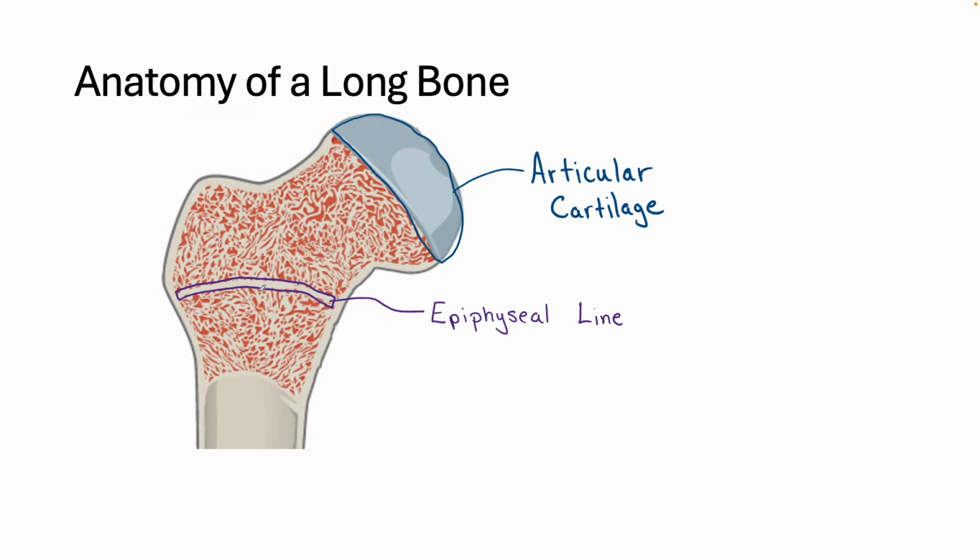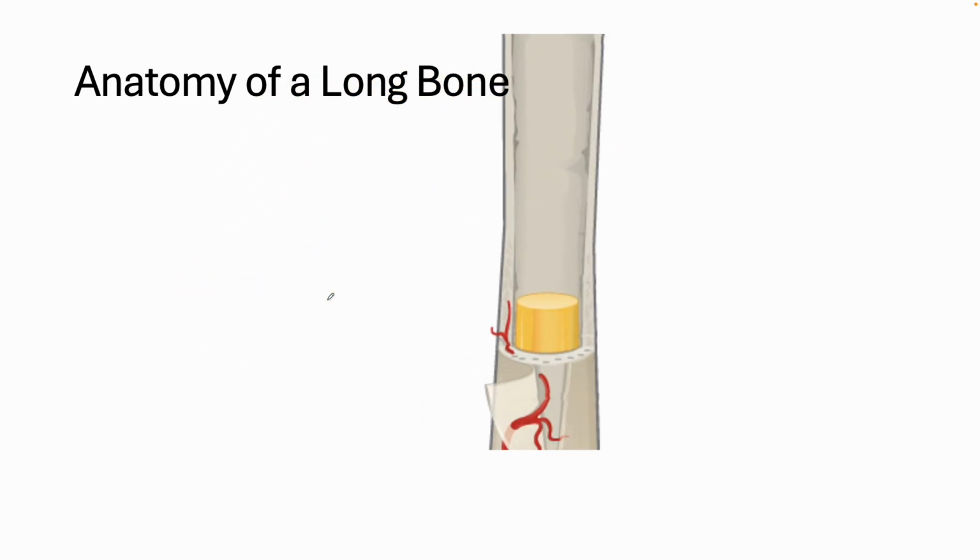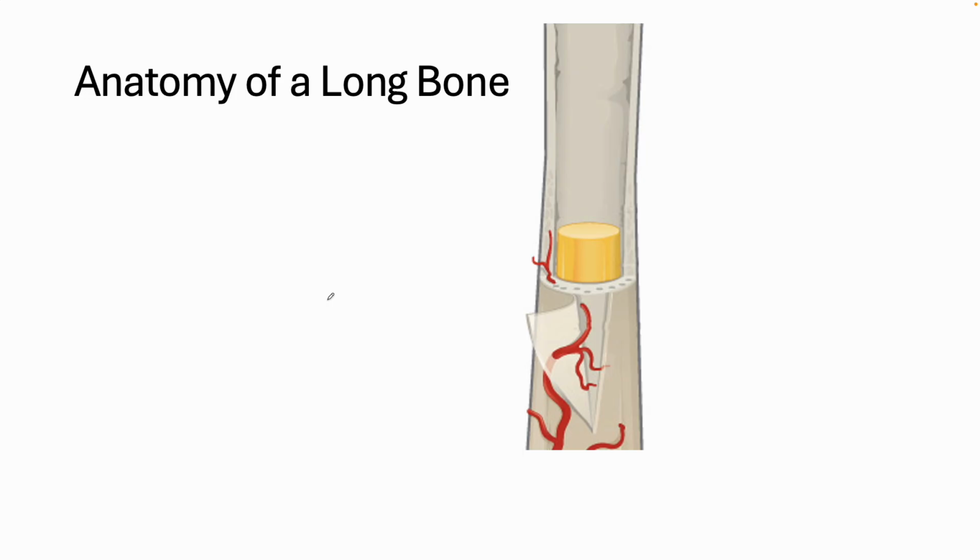That is what is known as the epiphyseal line. It's what is going to form the growth plate of the long bones. And then if we go down to the diaphysis, we can see that we have the hollow medullary cavity, which is going to be where you find the bone marrow.